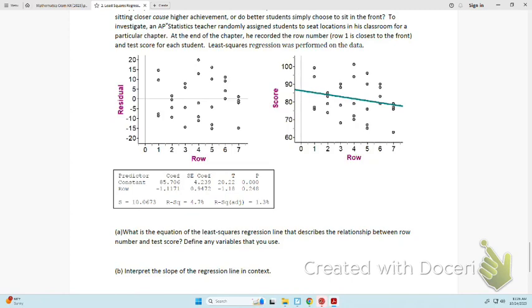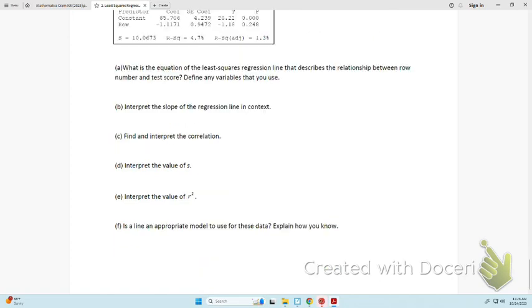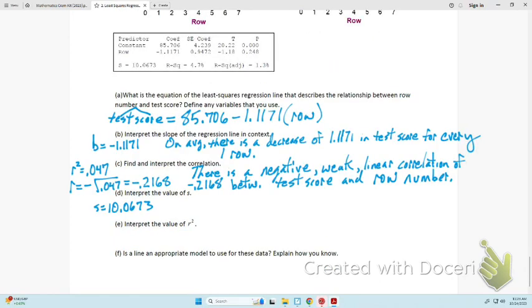You saw a formula yesterday. It's the sum of the squared residuals divided by n minus 2, and then you square root all that. So when you do that, it's kind of like saying the average distance from this least squares line is 10.0673.